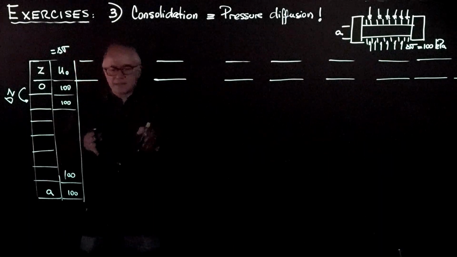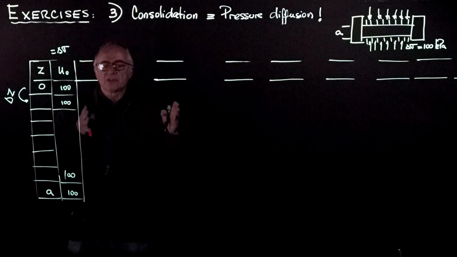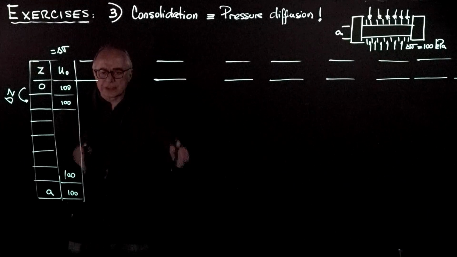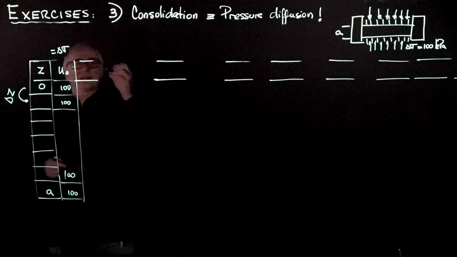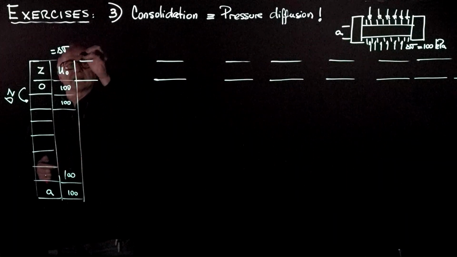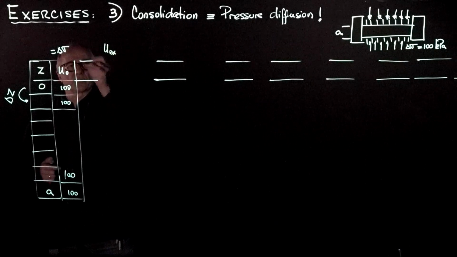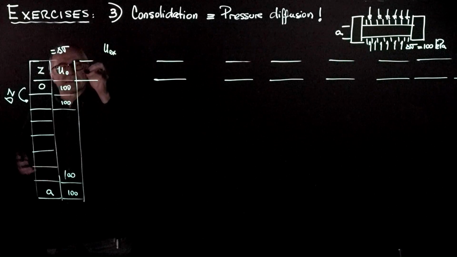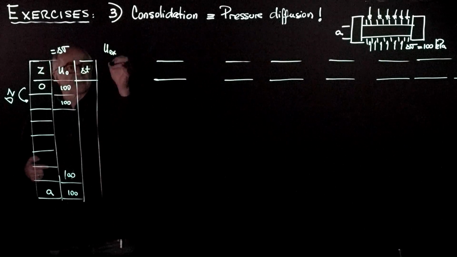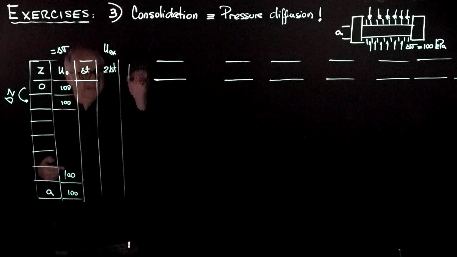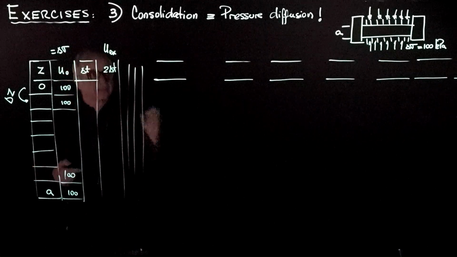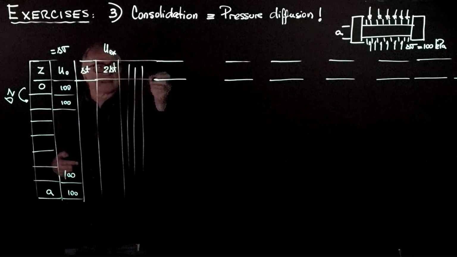The next series of columns are going to see the evolution of pore pressure in time. So the next series, once again, is going to be dedicated for the evolution of the excess pore pressure as time passes by. So this will be for the time equal to the first time increment, and then we can have for the second time increment, etc., until we drain all the excess pore pressure.